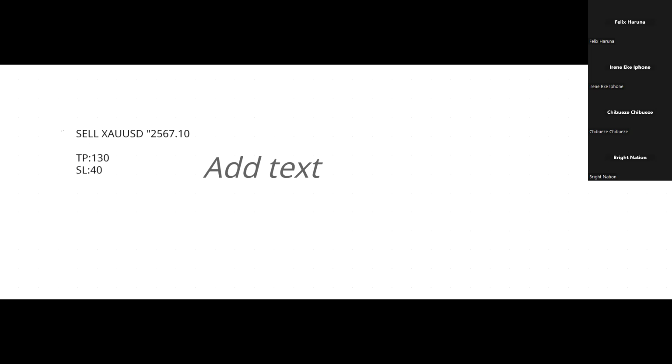Minus 130. So in this case, this is where we now bring our 130. So this becomes 13.0.